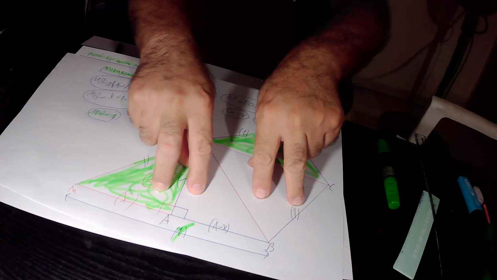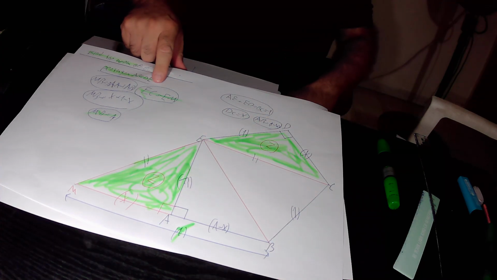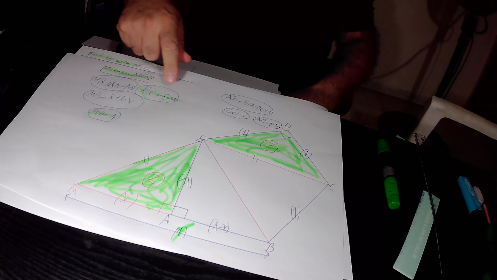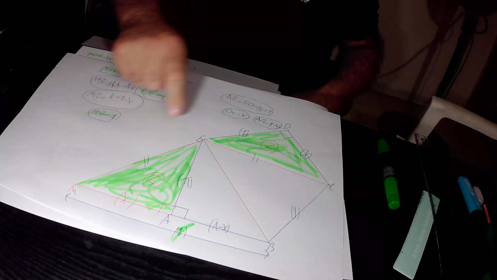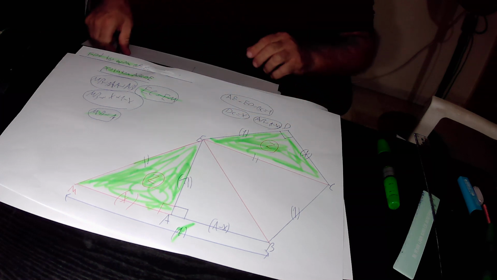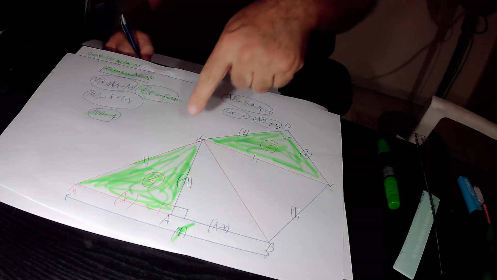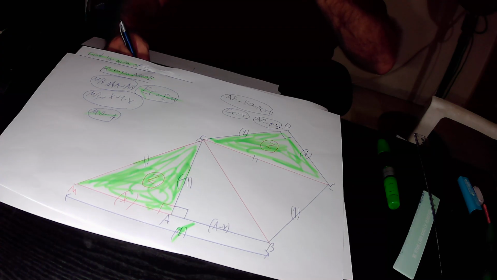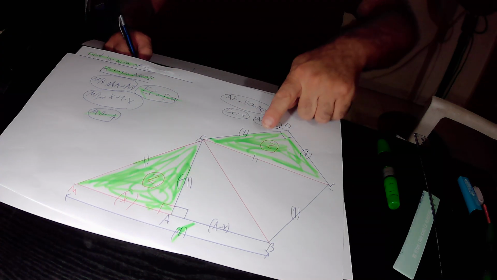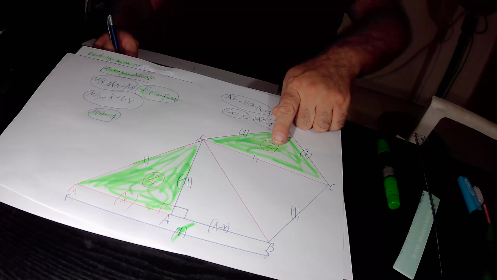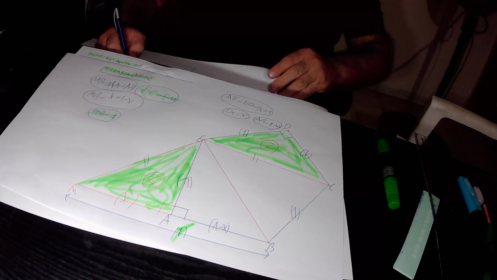First of all, we already found out that EC equals EM, or EM equals EC. So, as we know, side EM of this triangle EMB is equal to side EC of this triangle ECB.